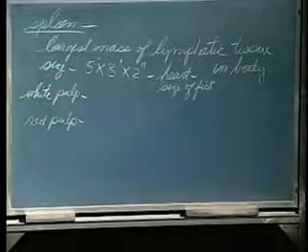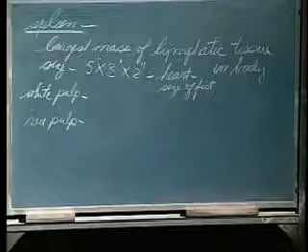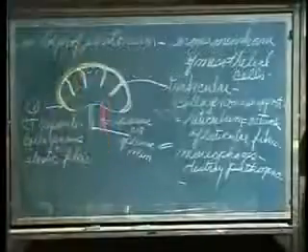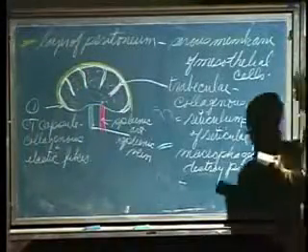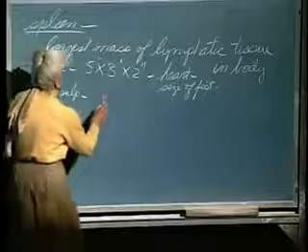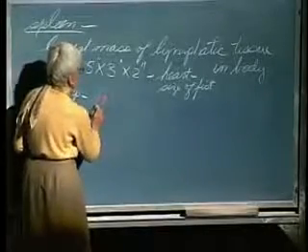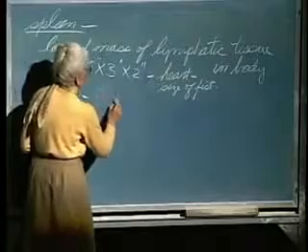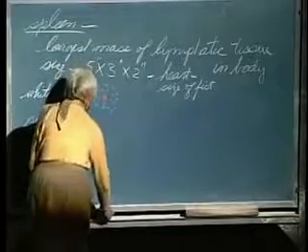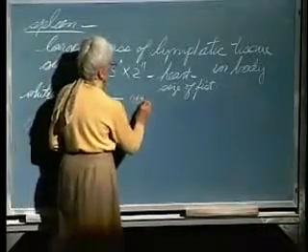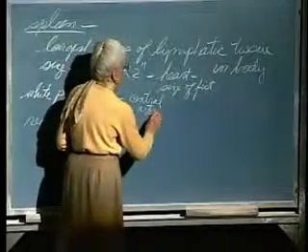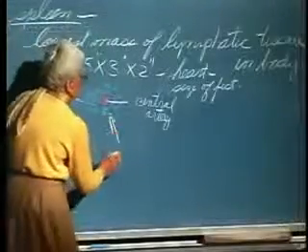And the white pulp consists of a central artery surrounded by masses of lymphocytes. Just a characteristic feature of the spleen. Central artery and lymphocytes.